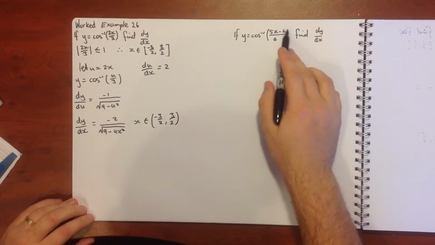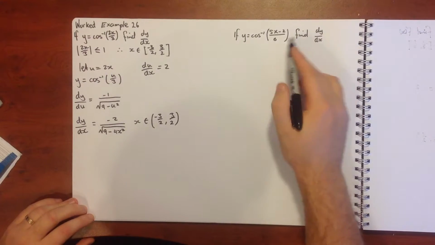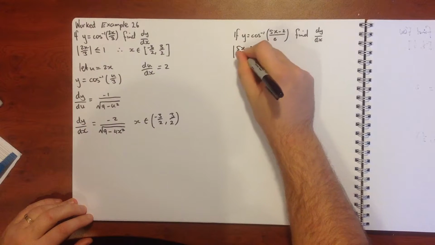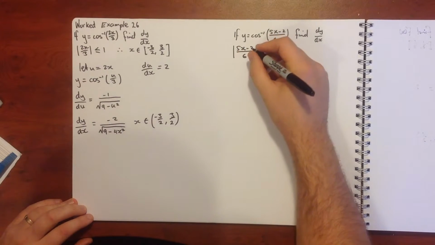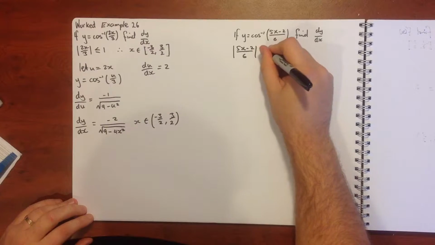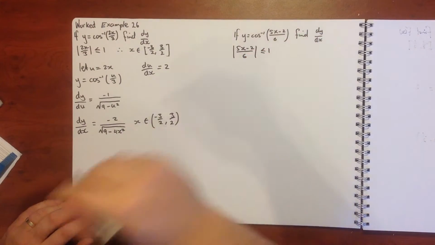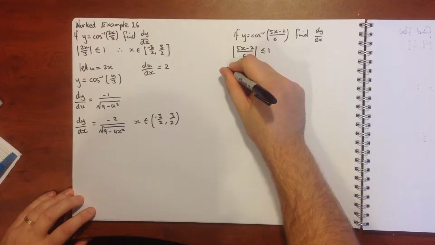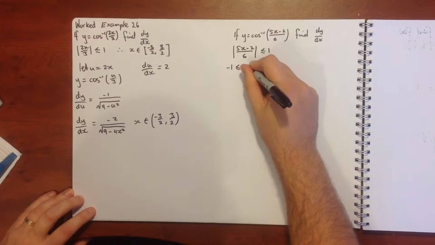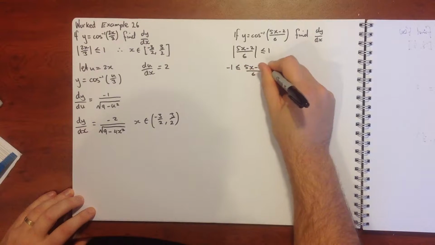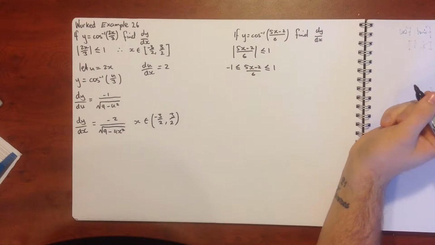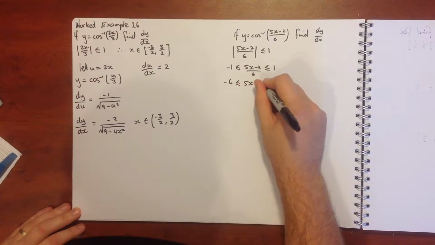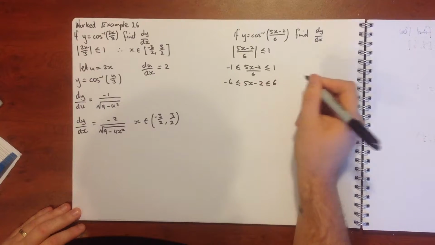We'll keep working along up here for this next one. Again, we just need to find our domain. So the modulus of 5x take 2 on 6 is less than or equal to 1. When we expand that out, minus 1 is less than or equal to 5x take 2 on 6, which is less than or equal to 1. So minus 6 is less than or equal to 5x take 2, less than or equal to 6.